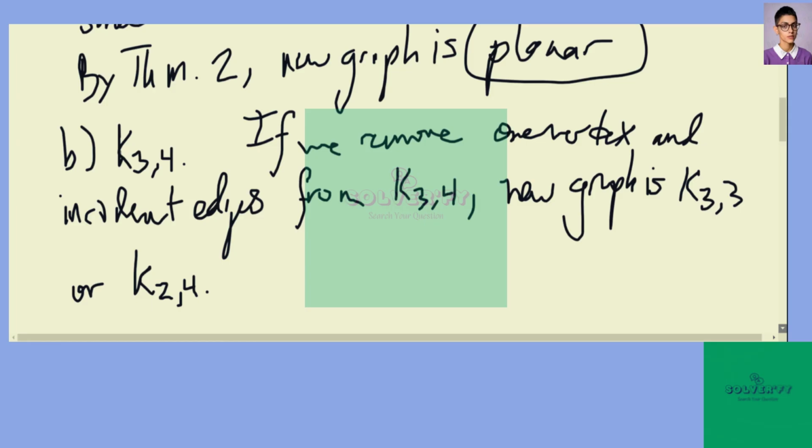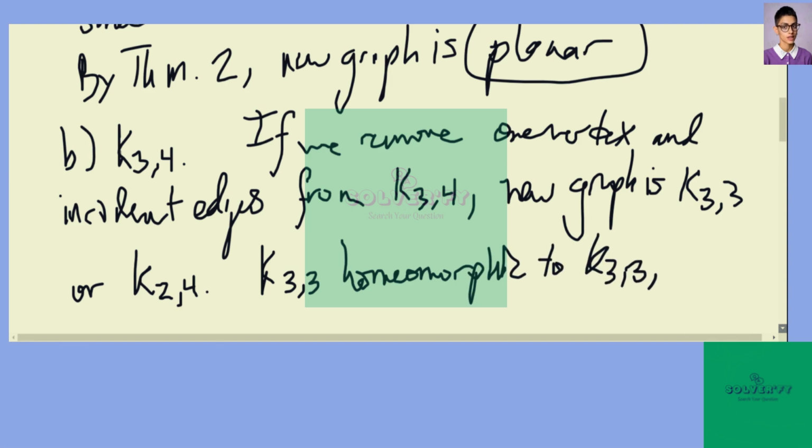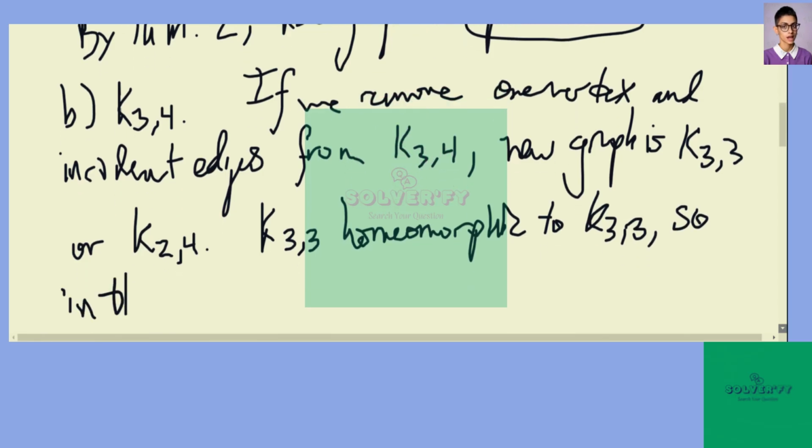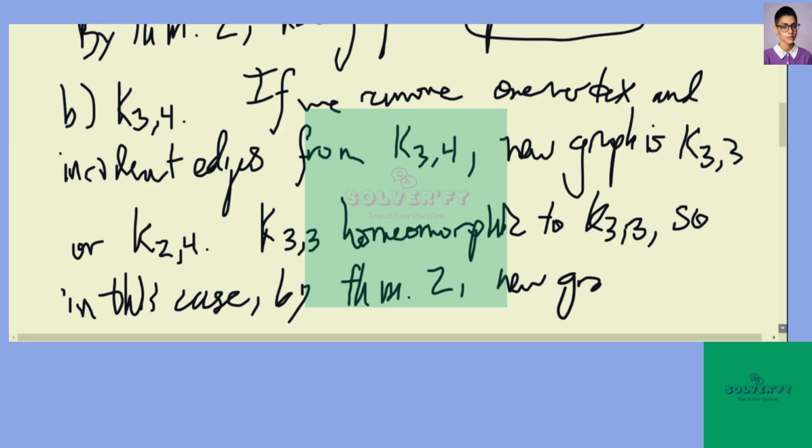Now obviously K3,3 is homeomorphic to K3,3. So in this case, by theorem 2, it follows that the new graph is not planar.